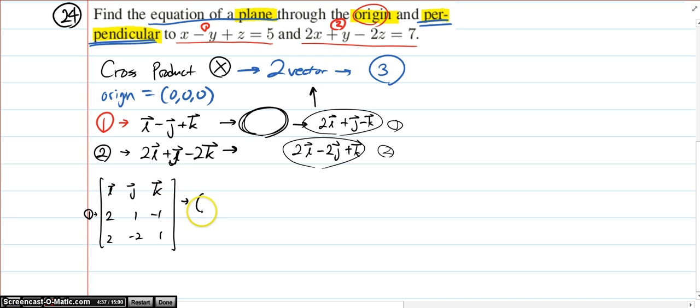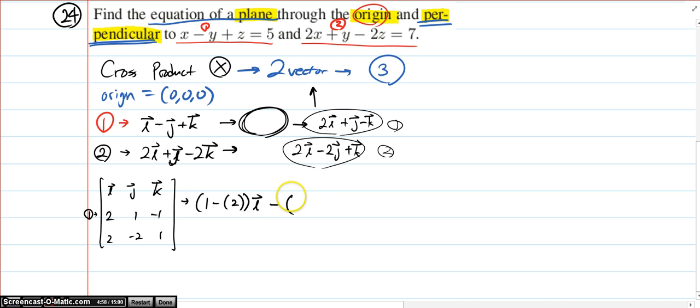So the first part is, ignoring the i row, 1 times 1 minus negative 1 times negative 2, which is 2, times i. And here we have to be careful with the signs.